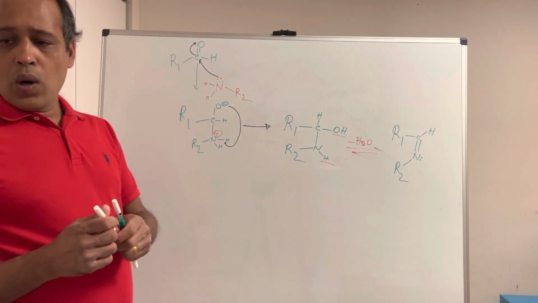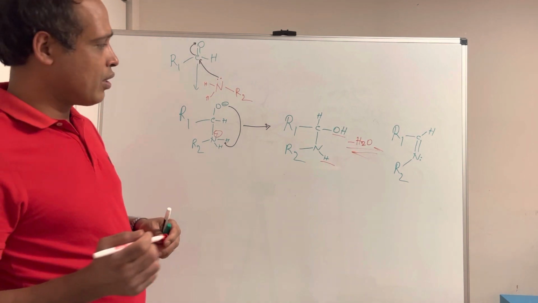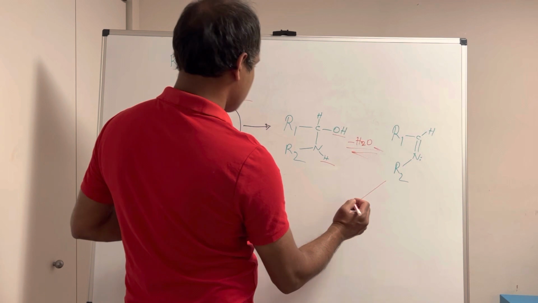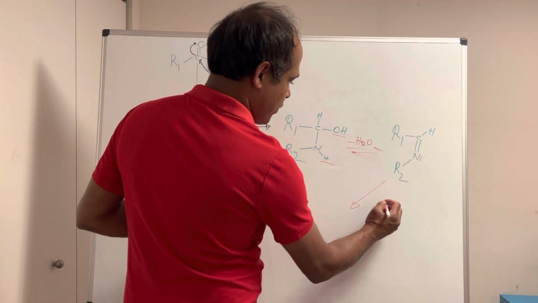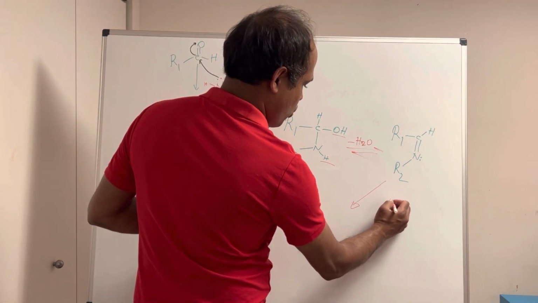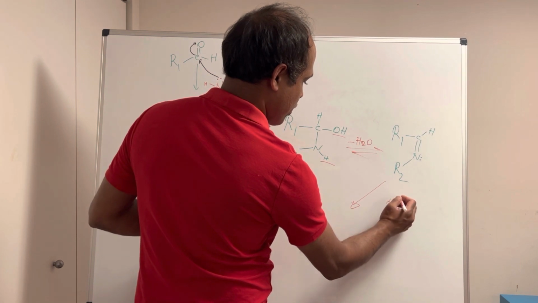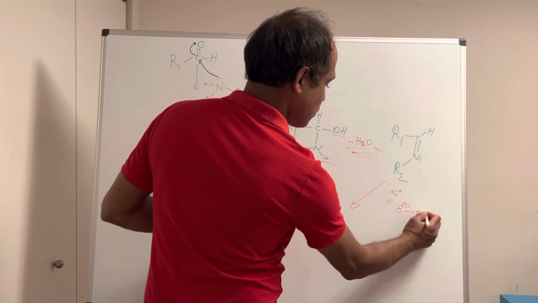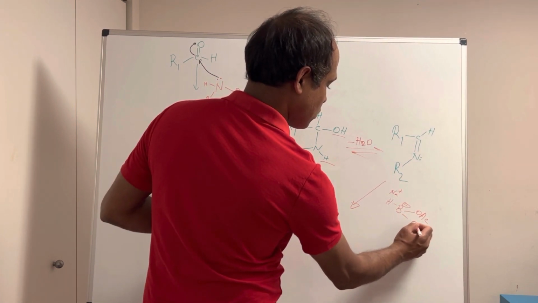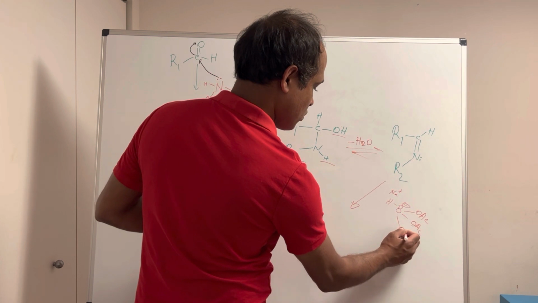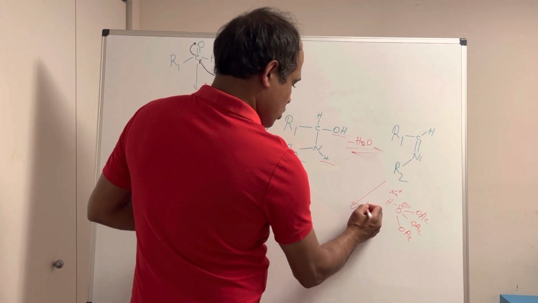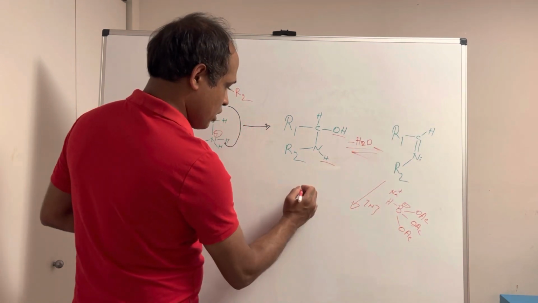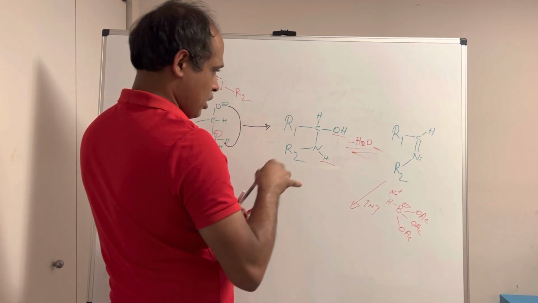Now how does this imine get reduced? Definitely you are using sodium borohydride, like this, so ultimately this is the source of hydrogen, and it will reduce this imine bond and form this.